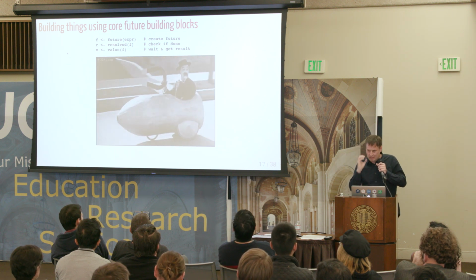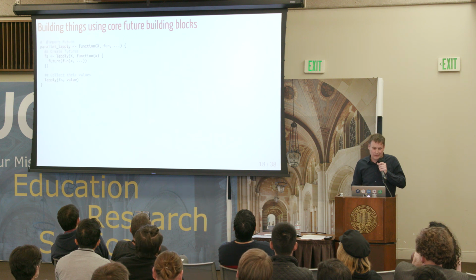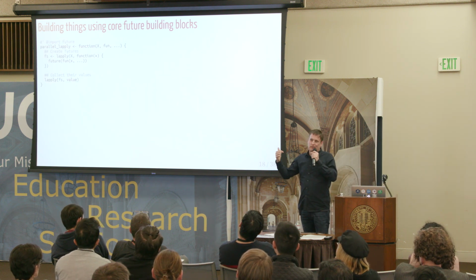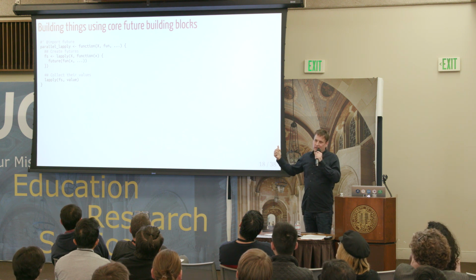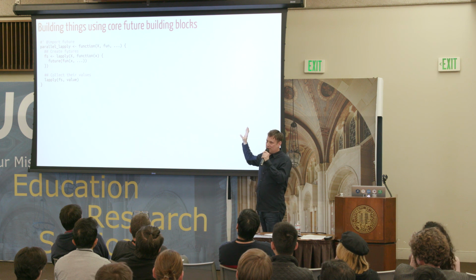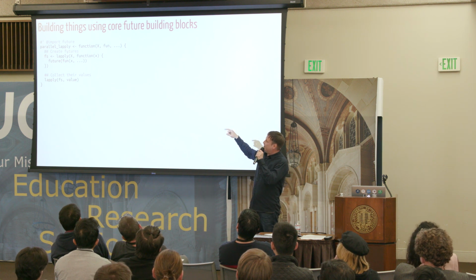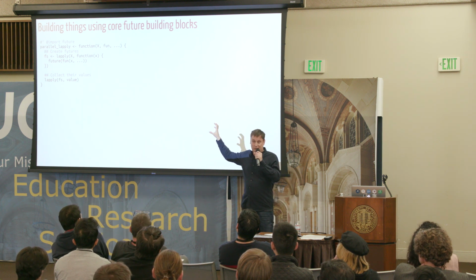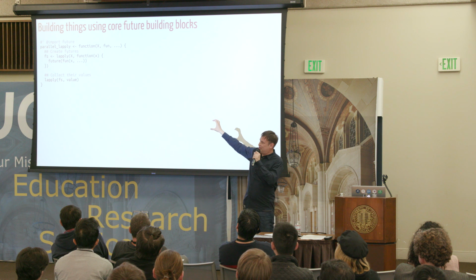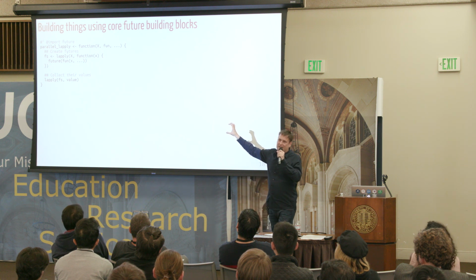With those three building blocks, you can build bigger things. So here's how you could do your very first own parallel lapply. It's not the most optimal, but it works. You basically create one lapply where you create the futures with the function calls you want. And then at the end, you say, give me the values.